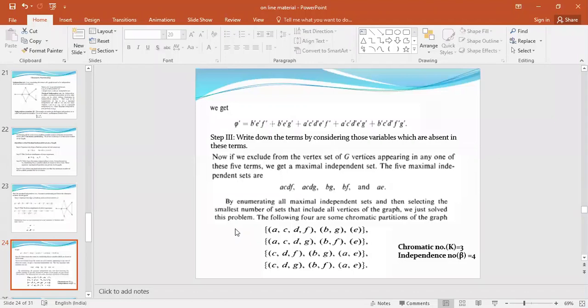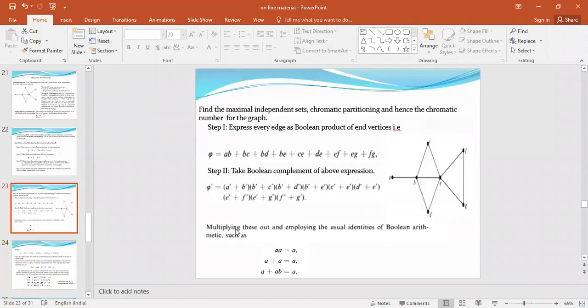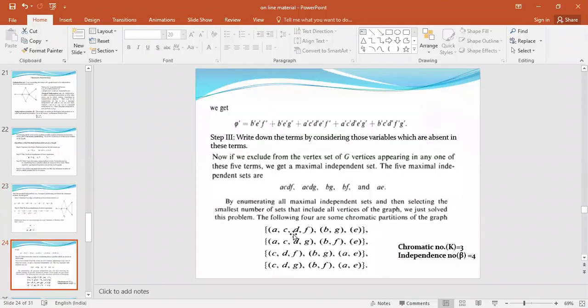So it is one of the algorithms. It is not giving every possible independent set. It is the algorithm which is giving one set of independent sets. So from this side, we obtained these three. If you are taking BG and then AE, then you have to form another set containing 3.